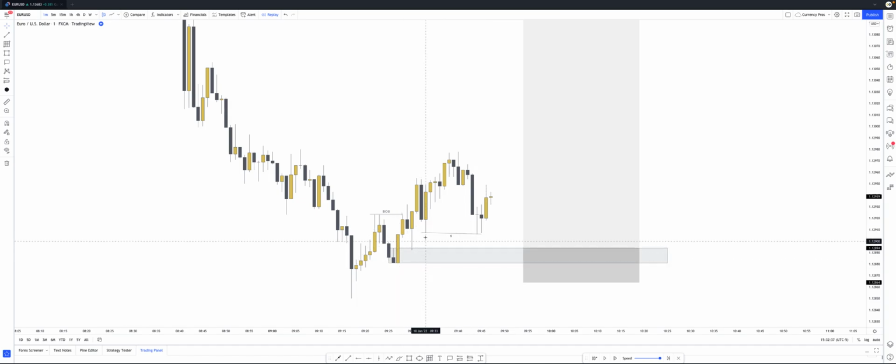Because we know that equal lows are not usually respected as a double bottom, which most people look for, or most retail buyers look for. We know that it's likely that this liquidity is going to be purged, which adds validity to the fact that price is going to come down towards our demand zone of interest, right? So that's where our entry would be set. Our buy limit order would be here, stop loss here, take profit wherever.